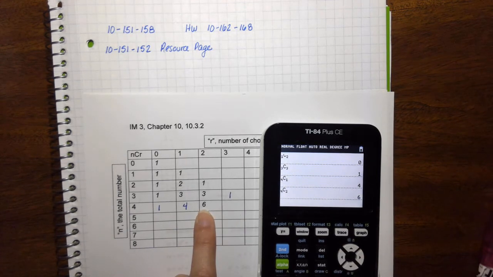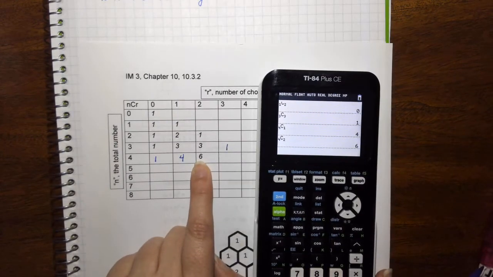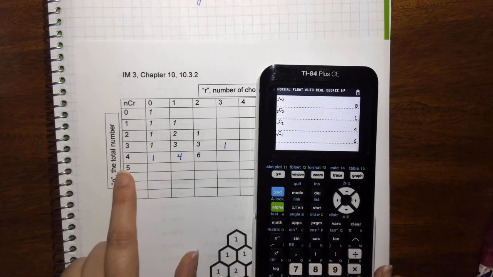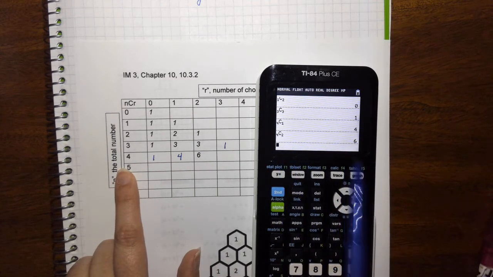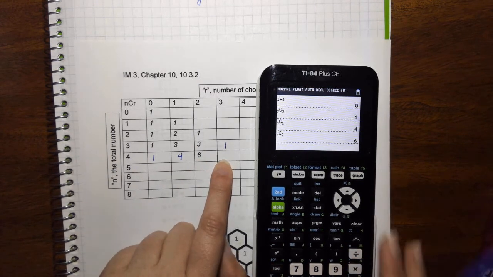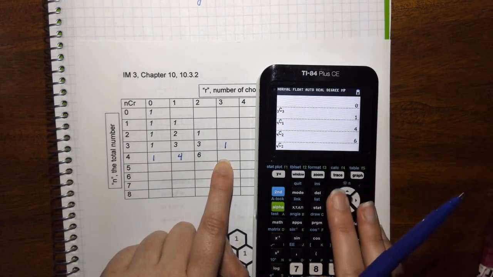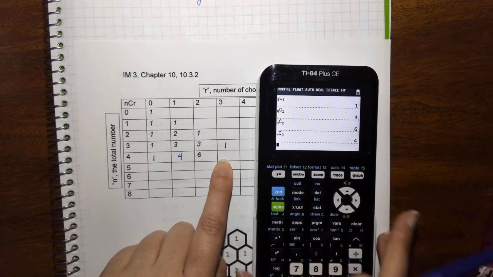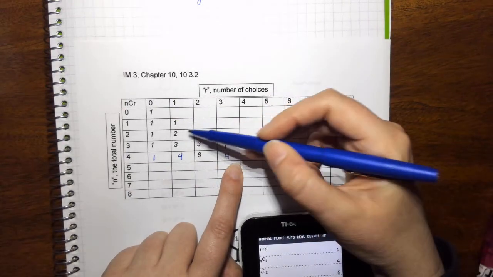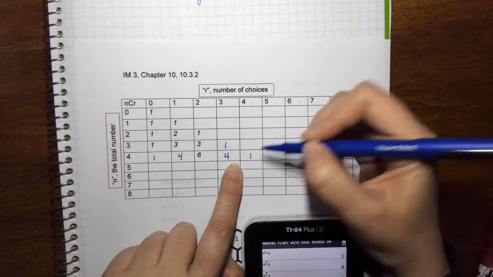And that makes sense because that's the problem we did before with the girl that was playing softball and she had 2 hits out of 4 at-bats. So 4 at-bats, 2 hits. There were 6 different combinations that had 2 hits in them. Okay, 4C3 is 4. And then notice on the diagonal here, this is 1.